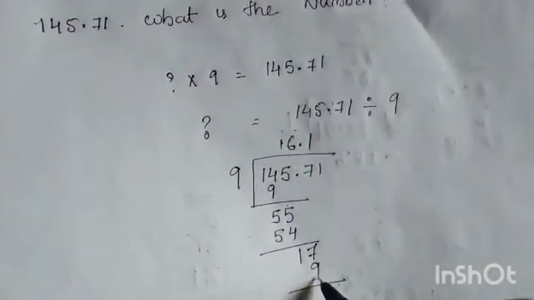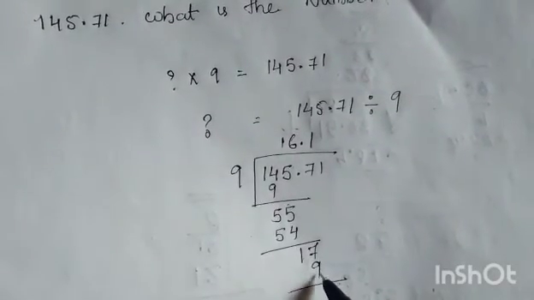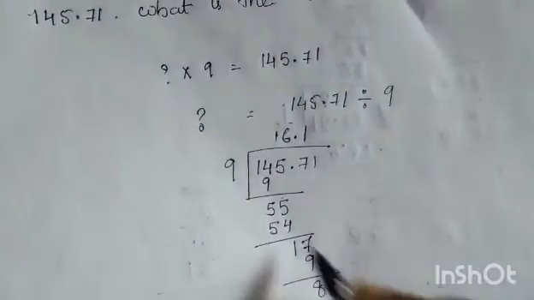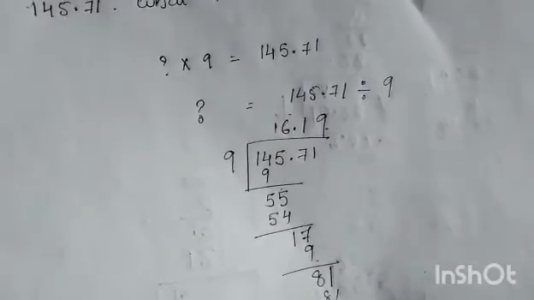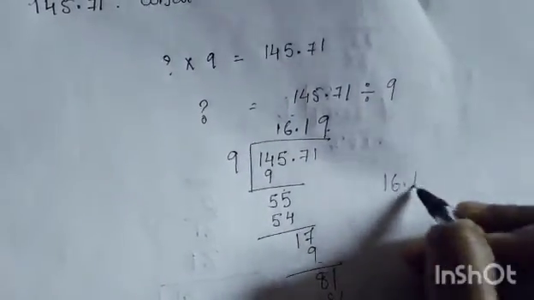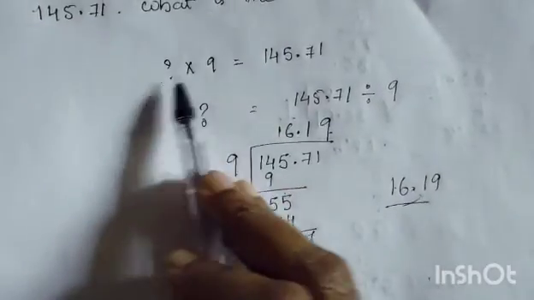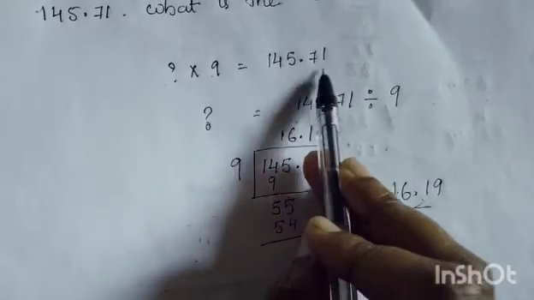This is the nearest multiple. 17 minus 9 is 8. Lastly carry down this 1. 9 9s are 81. So the answer is 16.19. 16.19 multiplied by 9 gives the result 145.71.